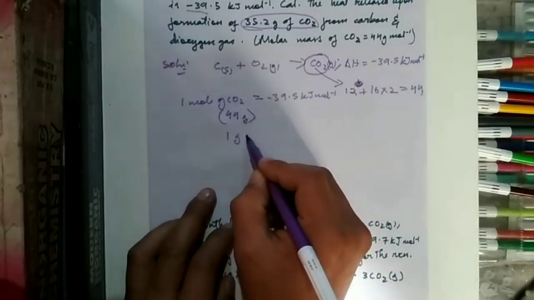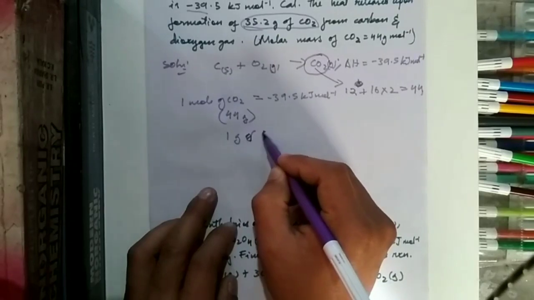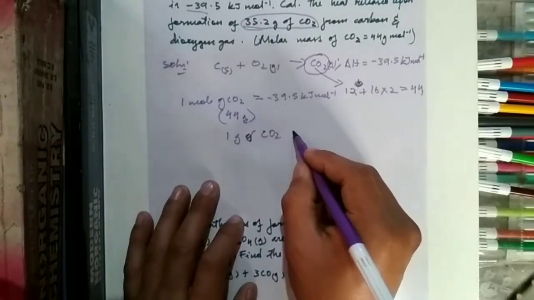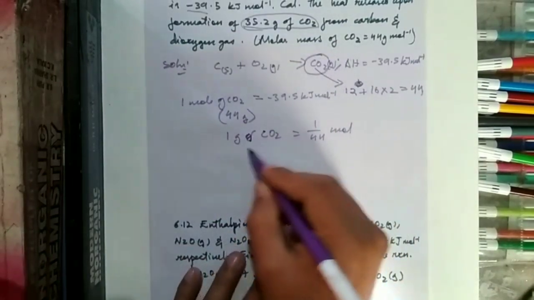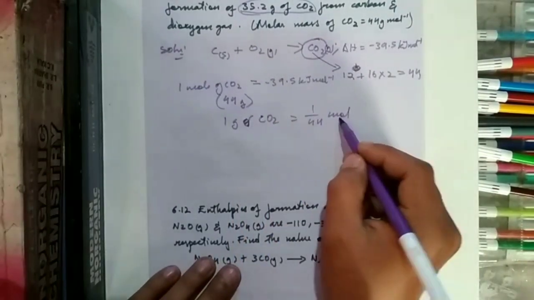Now for 1 gram of this carbon dioxide, it will make 1 by 44 mole. So for 1 gram of CO2, it will be 1 by 44 mole.